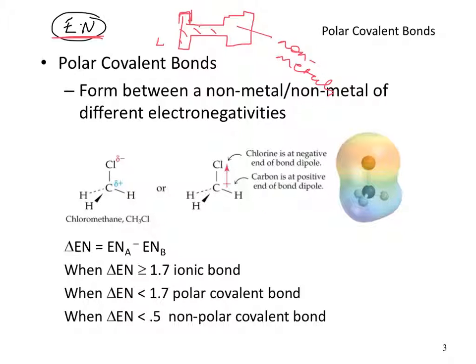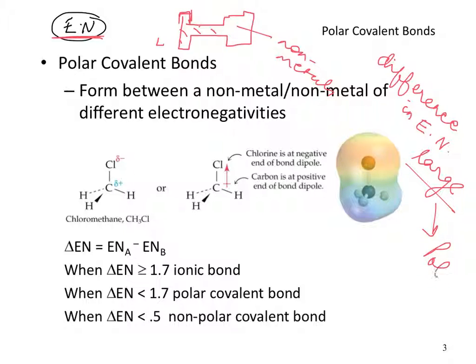And in General Chemistry 1, we said that a greater difference in electronegativity, so if the difference in electronegativity, EN is for electronegativity, is large, then we can safely say that it is going to be a polar bond.